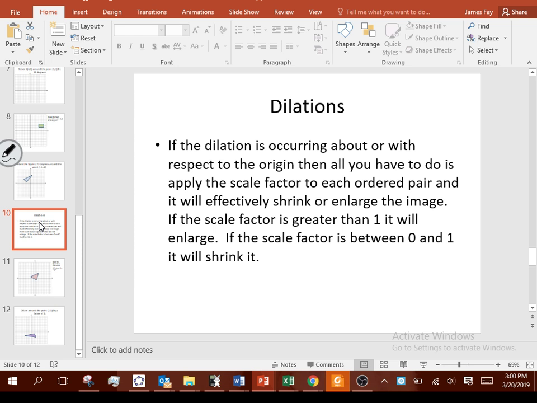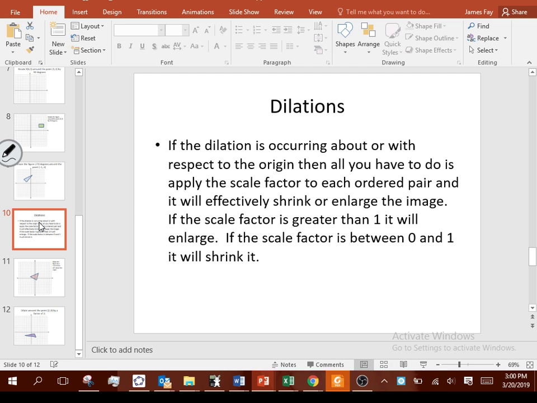This is a really easy process, and if you understood how we rotate around points that are not the origin, when we get to questions tomorrow, the process for dilating around a point that is not the origin is exactly the same as rotating a point around a center of rotation that's not the origin.